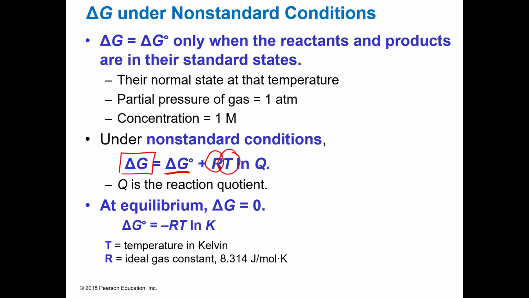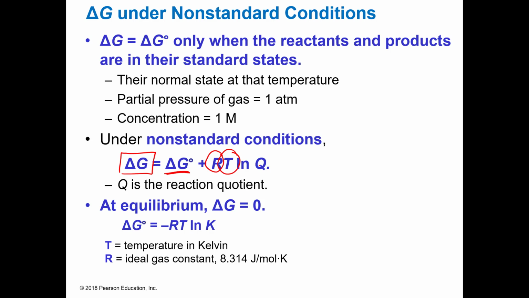We've seen Q before, haven't we? When we studied equilibrium, we saw Q a lot, and so it's rearing its ugly head again. Hopefully you're going to remember how to do that. And remember, at equilibrium, your delta G is 0, and your Q would equal K. Yeah, it's coming back.